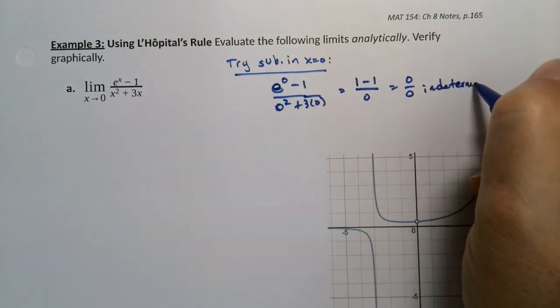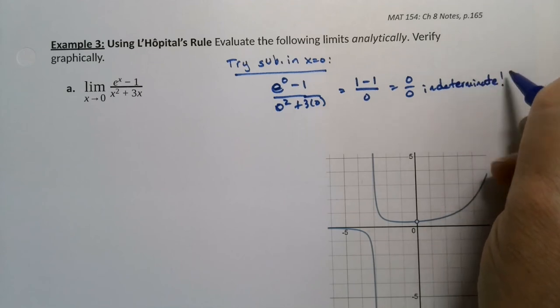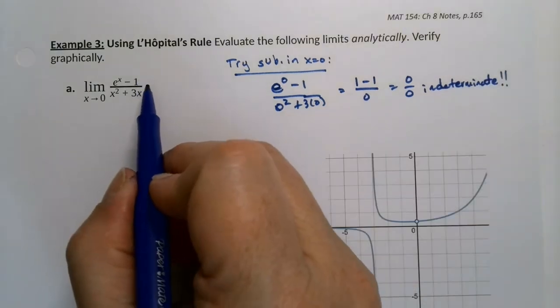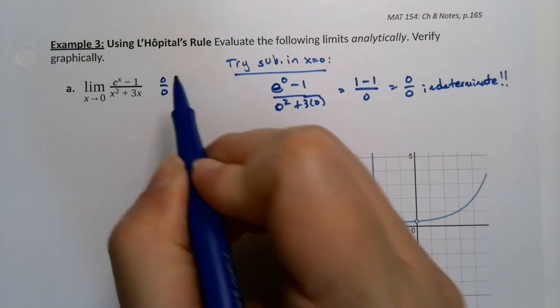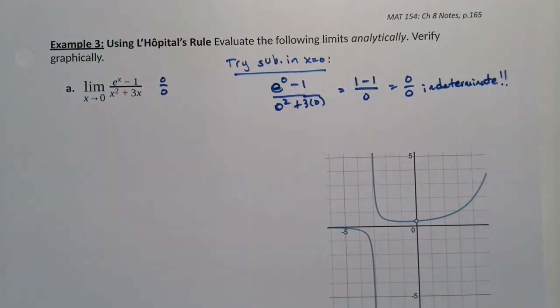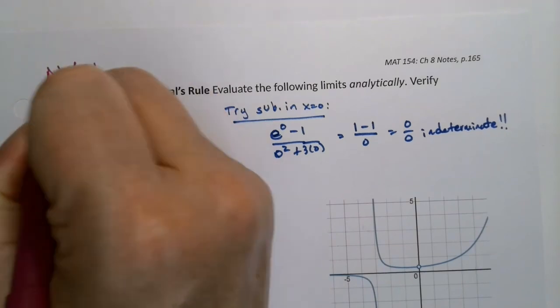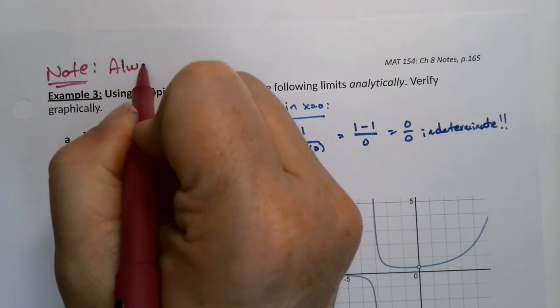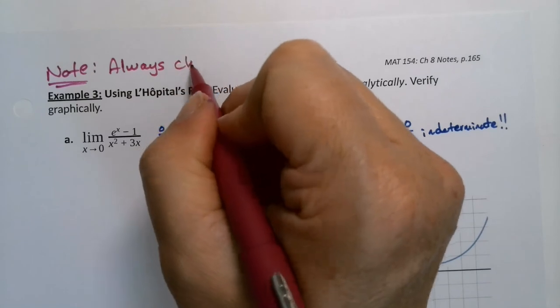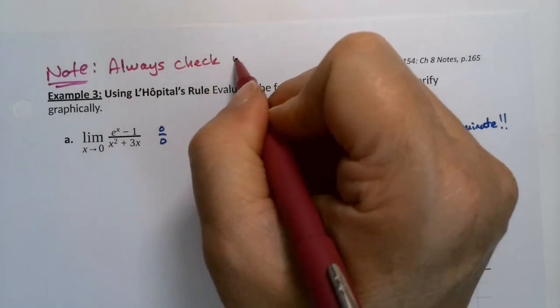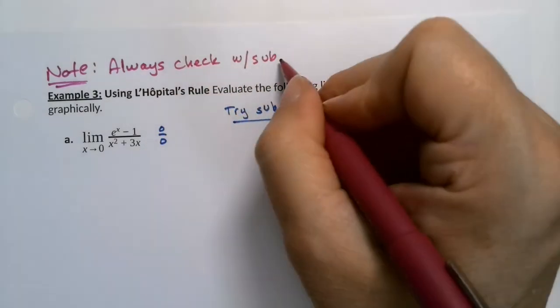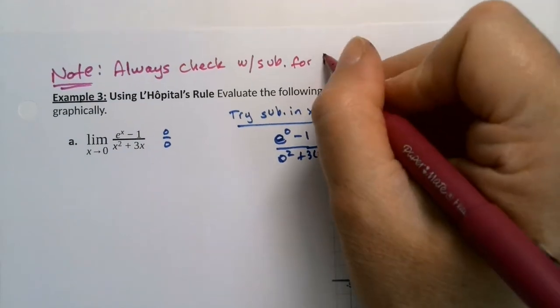Yay! Even if you don't show all of this, you do have to make a note that it is 0 over 0. That's part of your work to show that you checked. Note: always check with substitution for indeterminate form and note it.